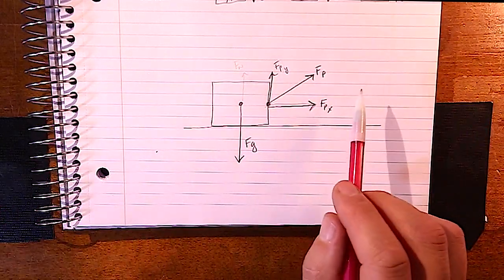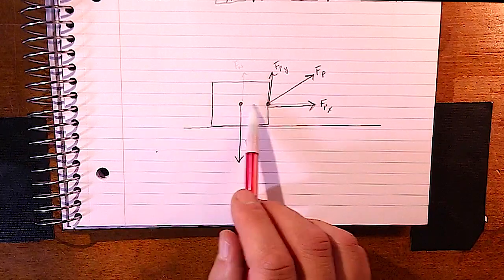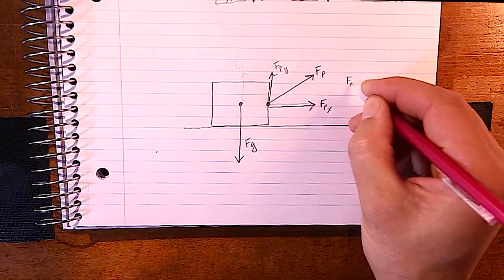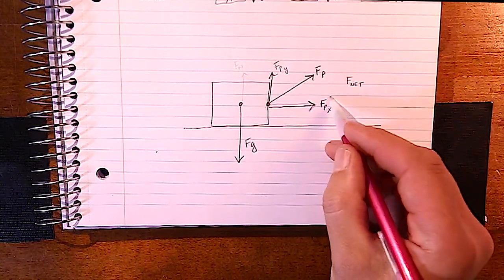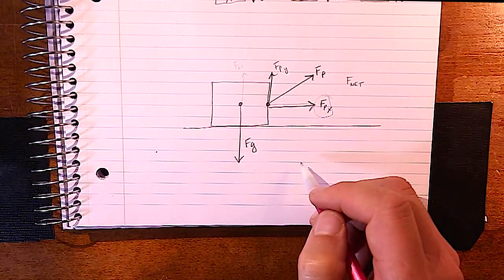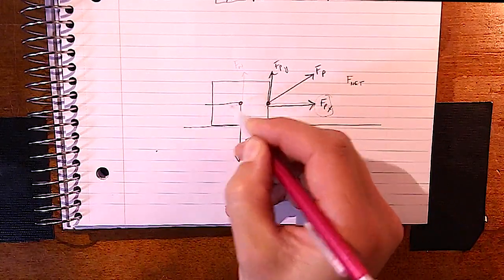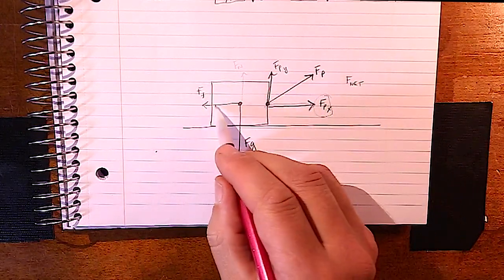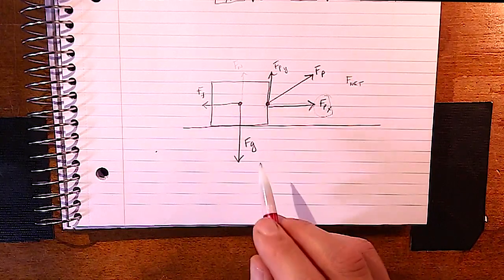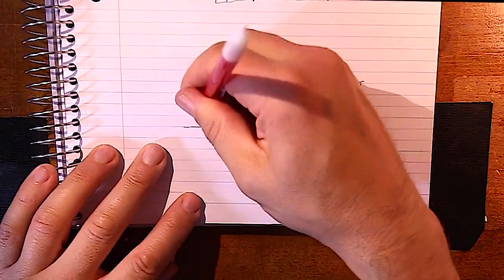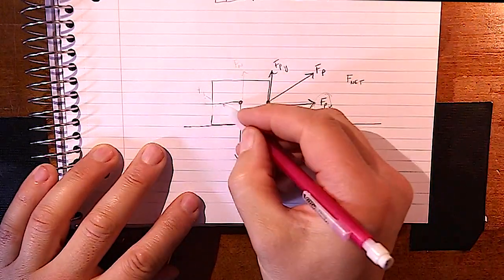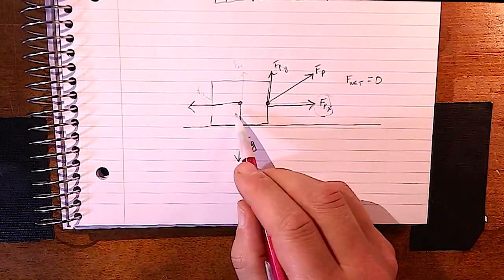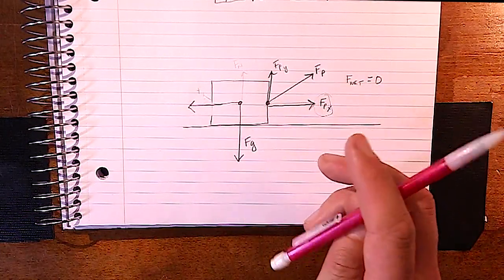Now, if there are no frictional forces or anything else acting in the x direction, the net force is going to be Fpx. If there is a small force of friction, then it would be Fpx minus Ff. And if the force of friction was equal to Fpx, then the net force would be 0, and the block would either be at rest or at a constant velocity.